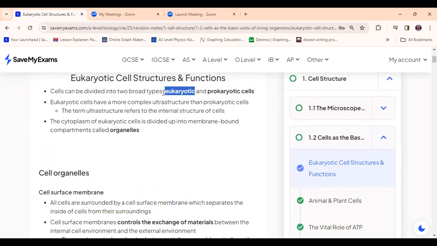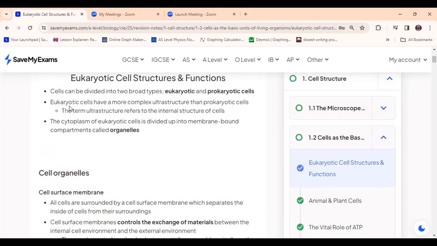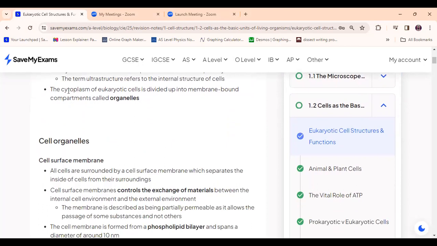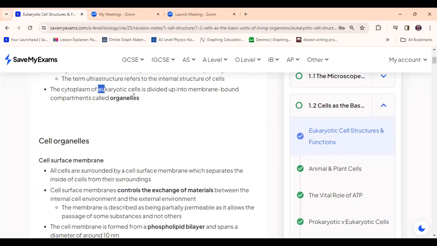However, eukaryotic cells do have a true nucleus. That's the broad categorization of cells. And the cytoplasm of eukaryotic cells is divided into membrane-bound compartments called organelles.